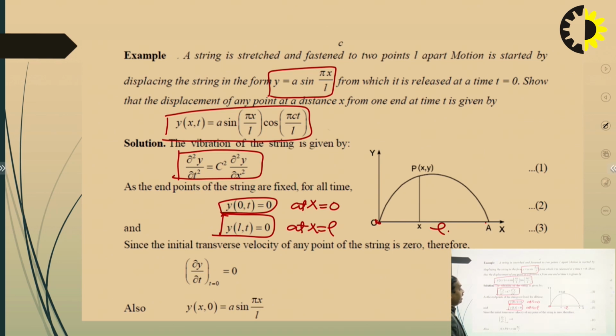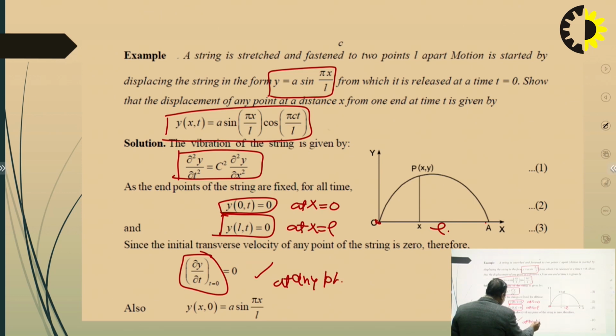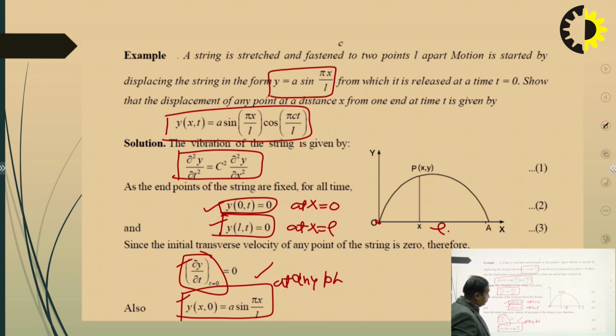The initial velocity is 0, that means del y over del t at t is equal to 0, and at any point the equation is y(x,0) is equal to A sine pi x upon L. Using these conditions 1, 2, 3, 4, we have to find the solution of this equation.